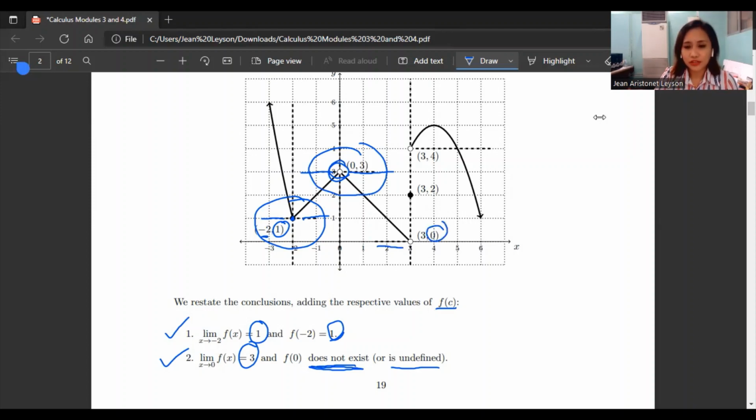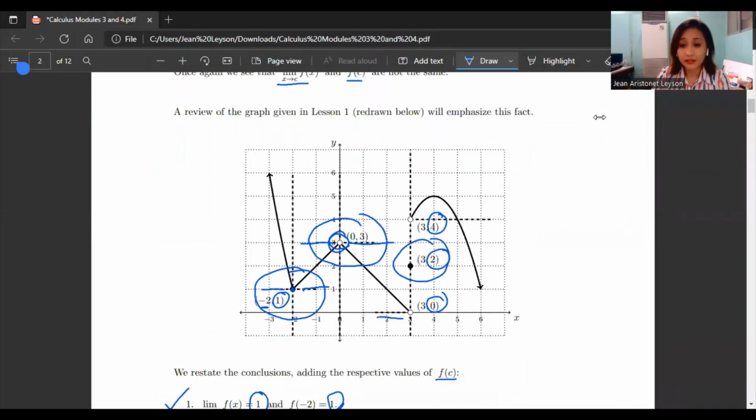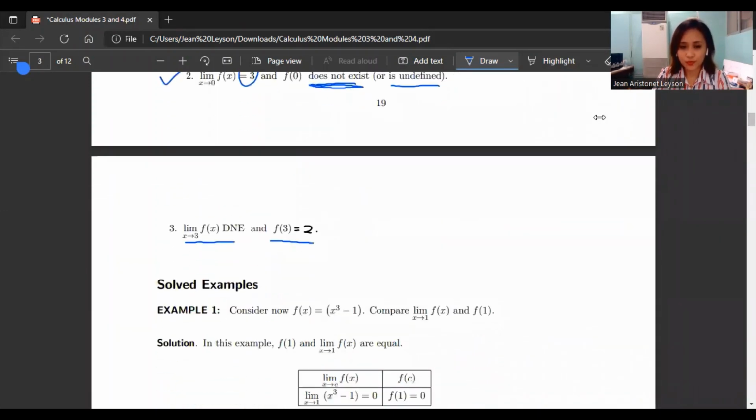As x approaches 3 from the right, the limit is 4. So meaning the limit does not exist. Now for the value of the function at c itself, which is 3, you can see right here, that is equal to 2.